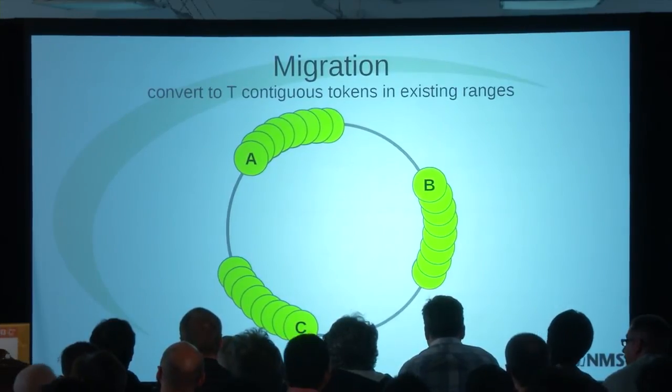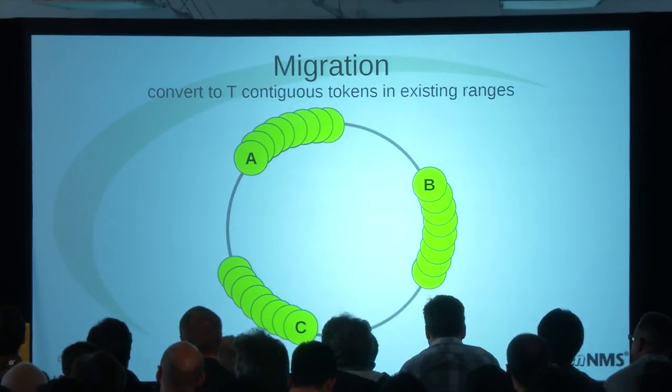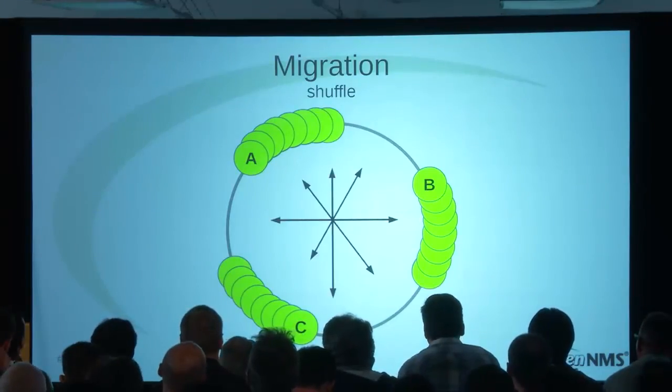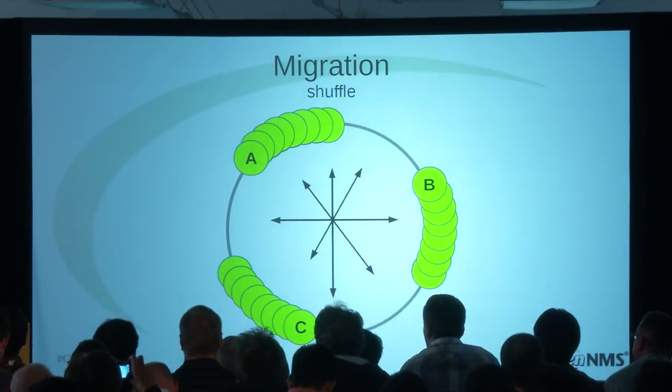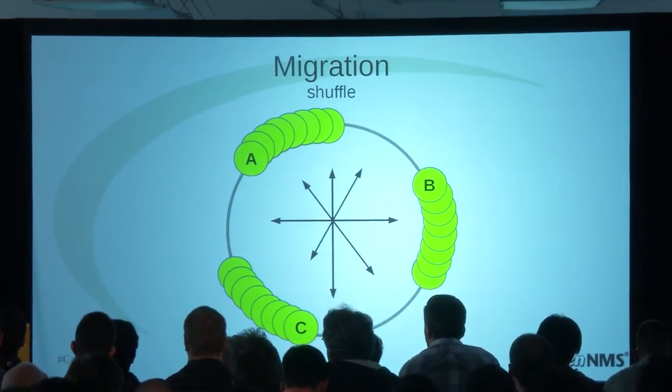And over time, we would expect nodes to fail and be replaced, at which point the mapping of the partitions to nodes would randomize over time. But if you don't want to wait for that, there is an operation called shuffle, which will create a new randomized mapping of token to node, and then slowly transfer them between nodes.